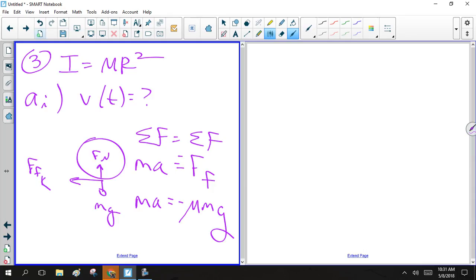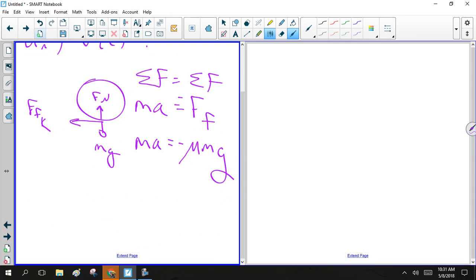Okay, so is everybody good up to here? Any problems? We're almost done. Mass is canceled, so now we've got this. Now it wants a differential equation. Well, a is dv/dt.